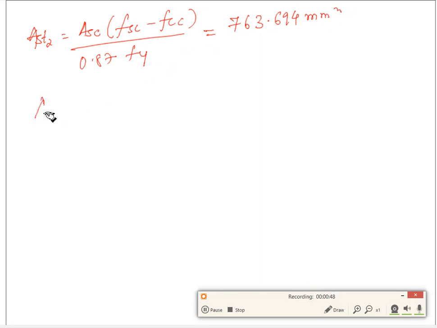So total AST is equal to AST1 plus AST2.